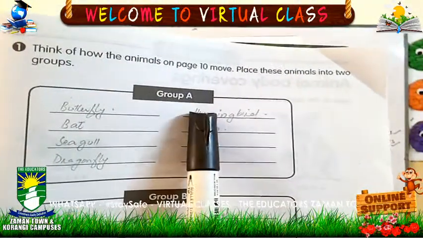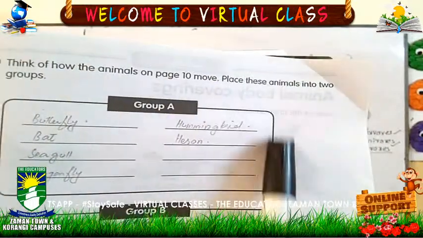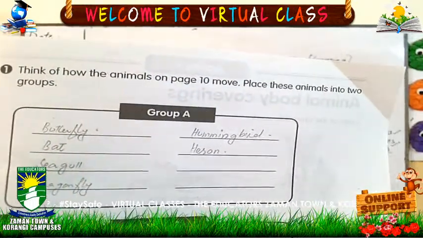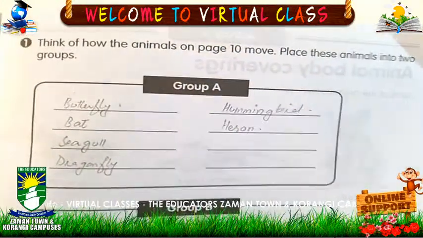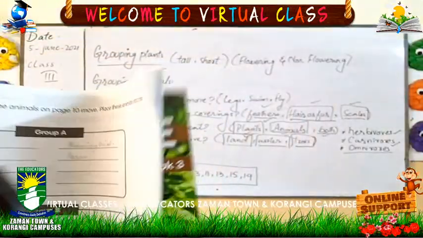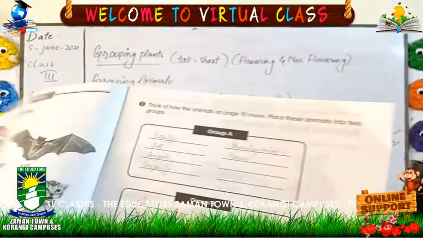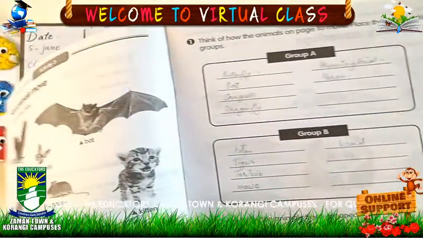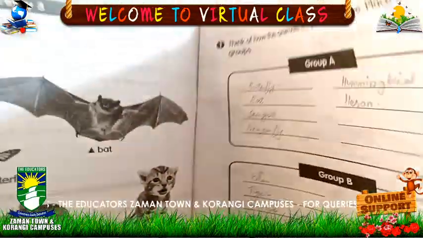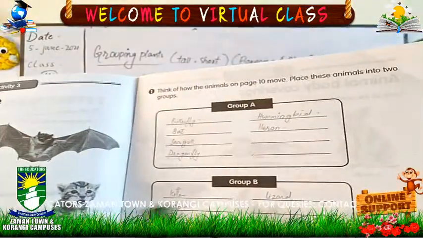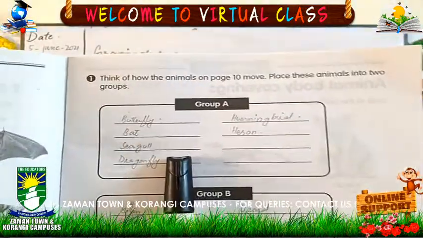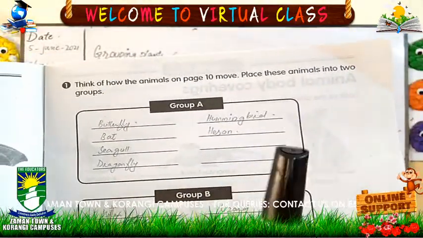So here in group A, we are going to make a group for the animals which fly. We just go through page number 10 and make a list of how many animals move by flying. We will write here the list of the animals which fly.